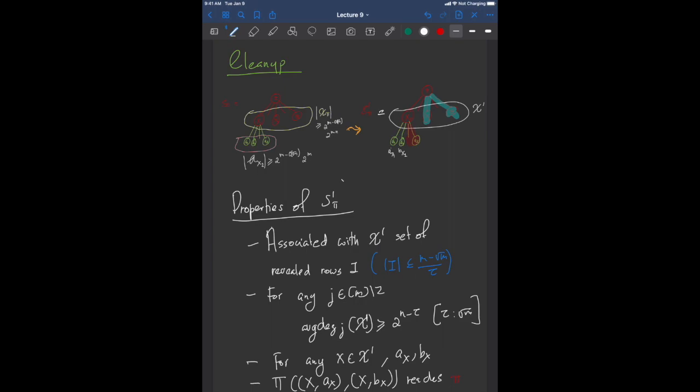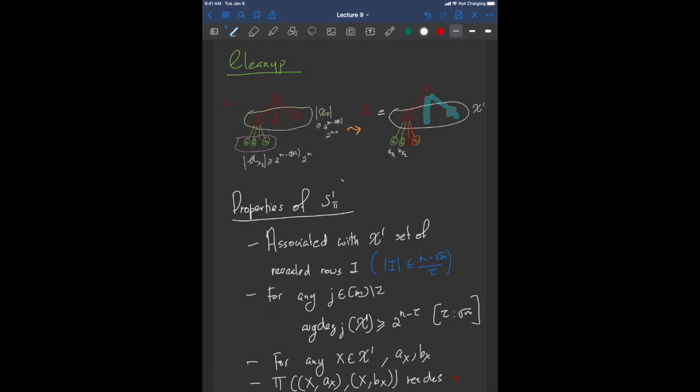But in an unrevealed row from the cleanup, the guarantee we have is that players know at most square root m bits of information, right? So it is possible that in an unrevealed row they already know square root m bits of information, and these square root m bits of information came from the first stage.